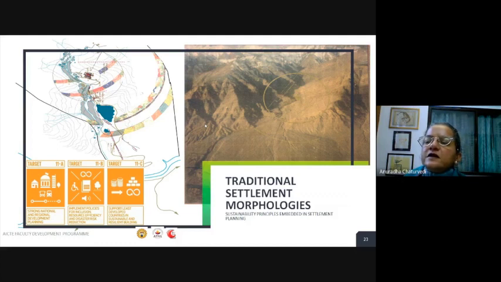So, the sustainability principles which are embedded in our traditional settlements can help to contribute towards that strong regional development planning in terms of identifying locations, in terms of identifying traditional patterns of development which are sustainable over centuries and sometimes millennia.